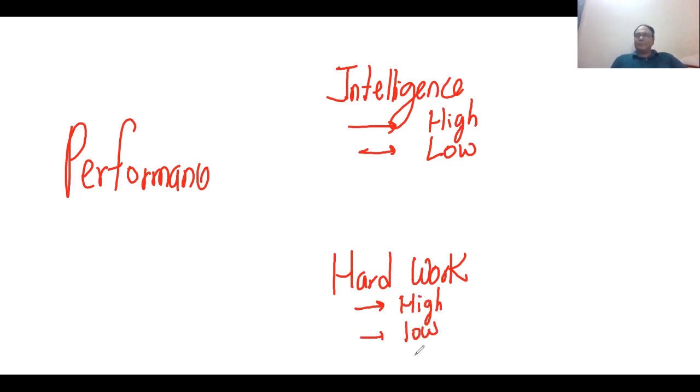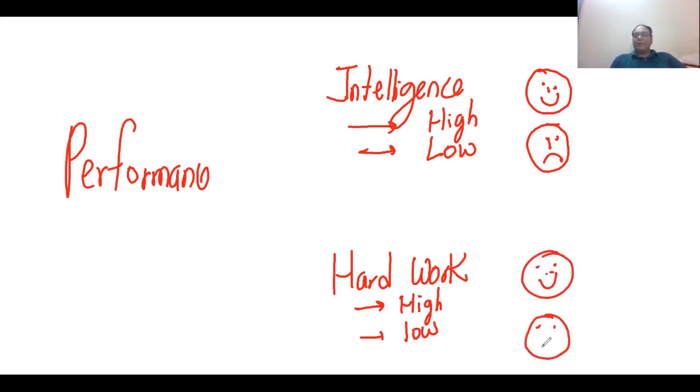So I am dividing into two groups in each. Okay, so basically there are two kinds of people in both intelligence and hard work. Now why I'm making the two groups, I just want to explain.